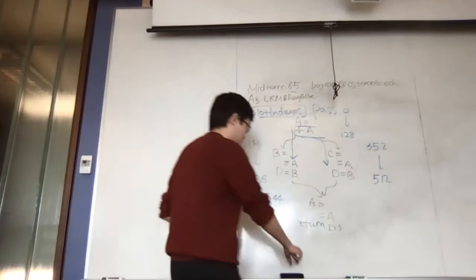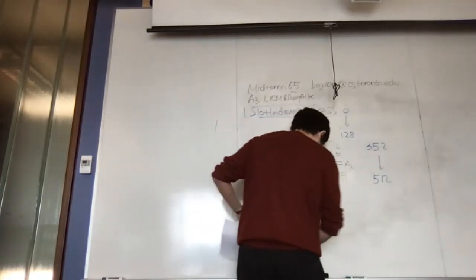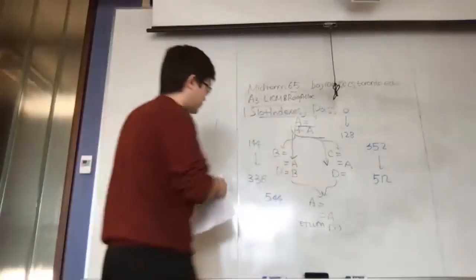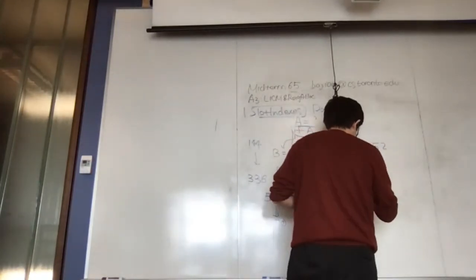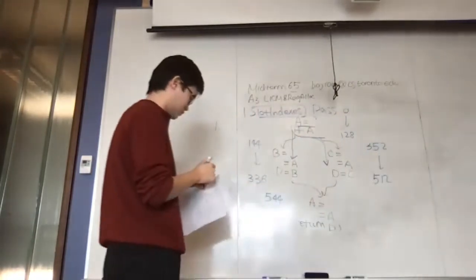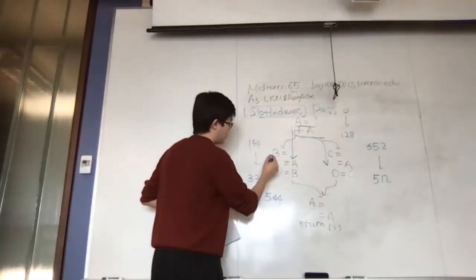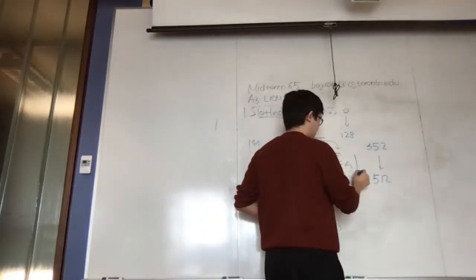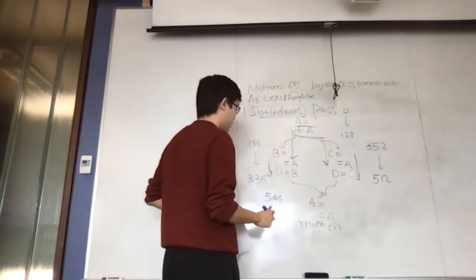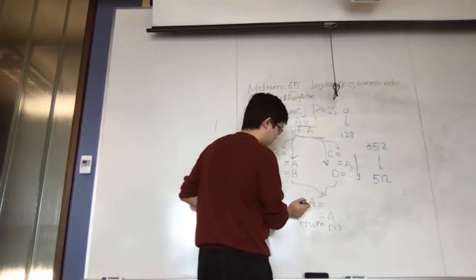Oh, sorry, I did something wrong in this case. I think this should be D is using B. And similarly, the live range for B is here, and the live range for C is here. For the live range of A, we have here.